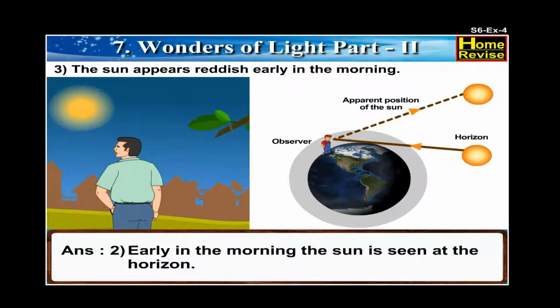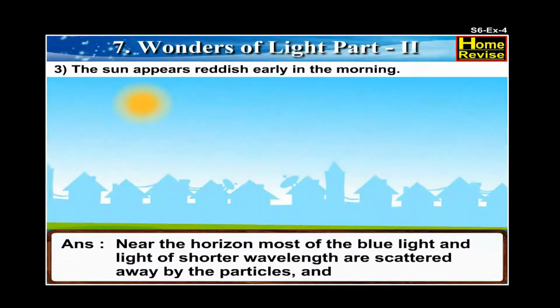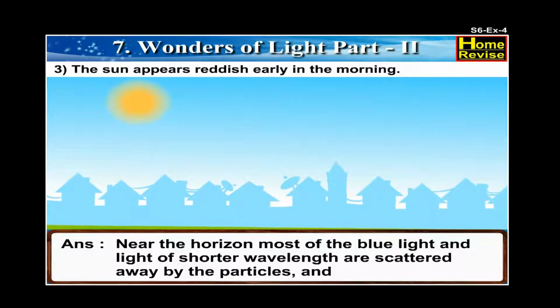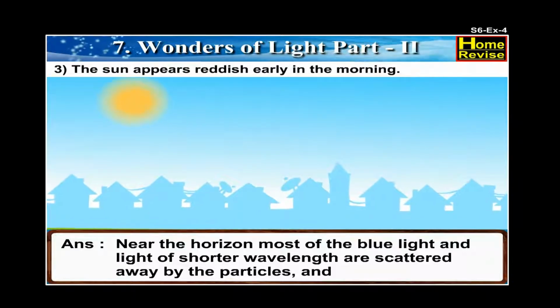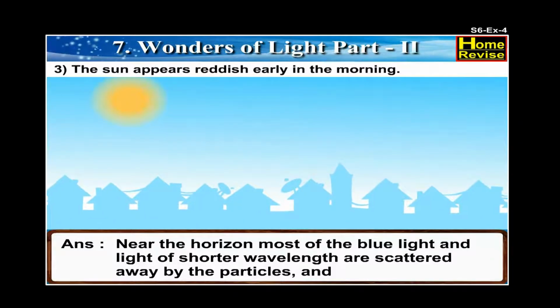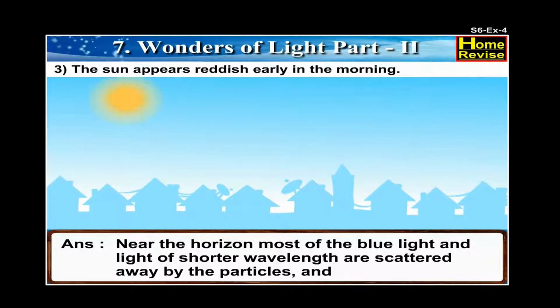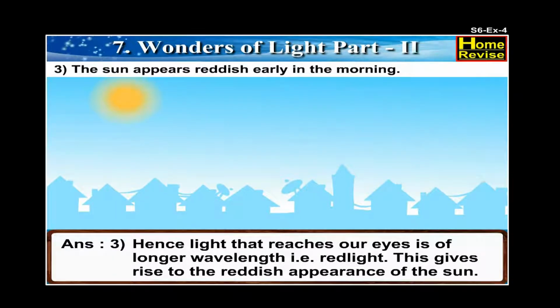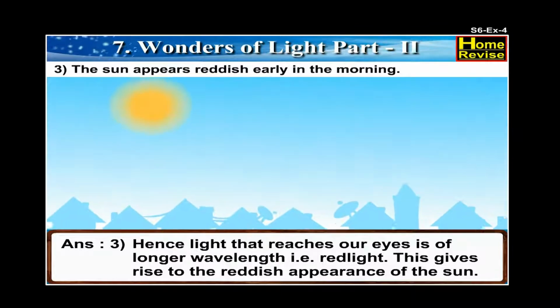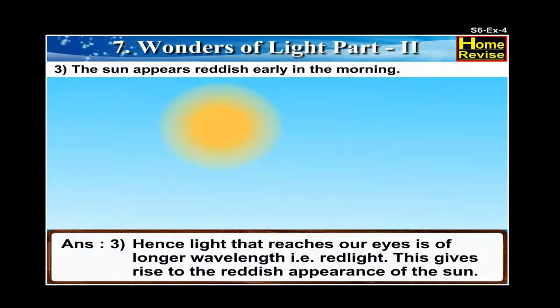Early in the morning, the sun is seen at the horizon. Near the horizon, most of the blue light and the lights of shorter wavelengths are scattered away by the particles. 3. Hence, the light that reaches our eyes is of longer wavelength, that is, red light. This gives rise to the reddish appearance of the sun.